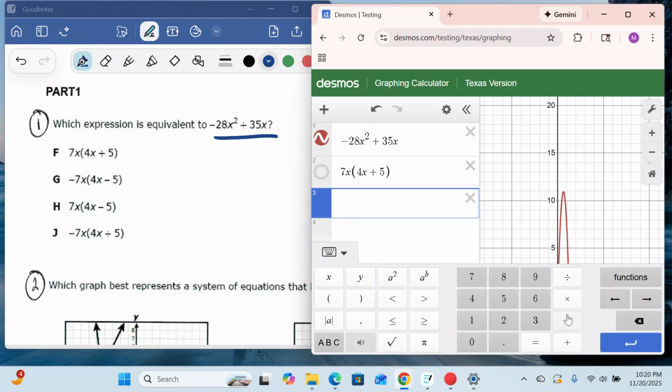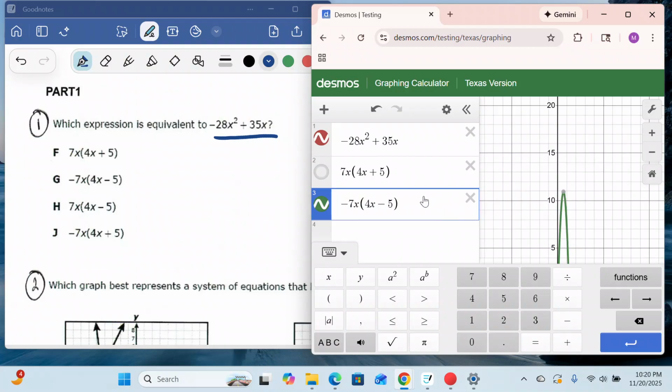So this one is negative 7x, open parentheses, 4x minus 5, close parentheses, and we're looking at the graph. It looks like this is the winner for our problem.